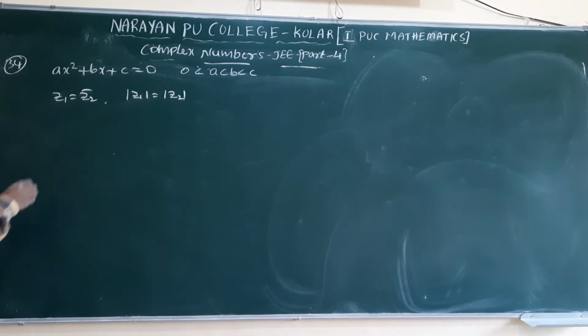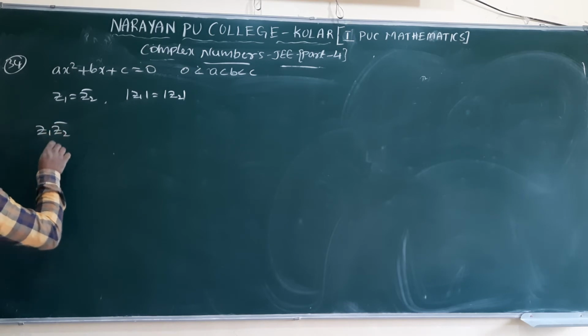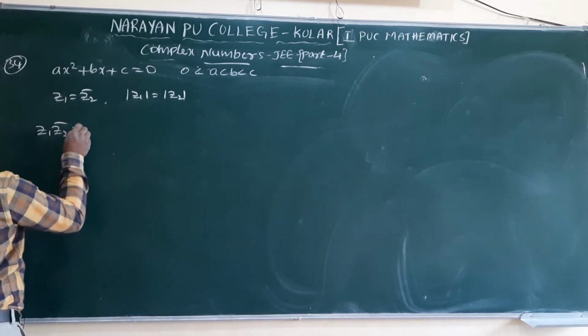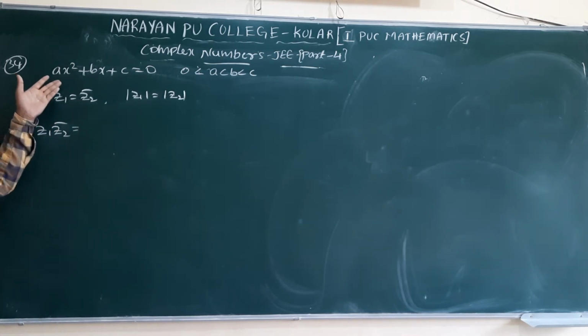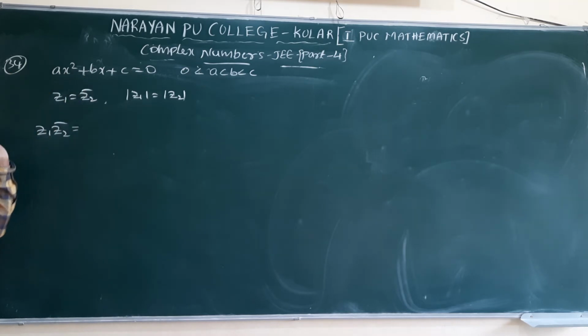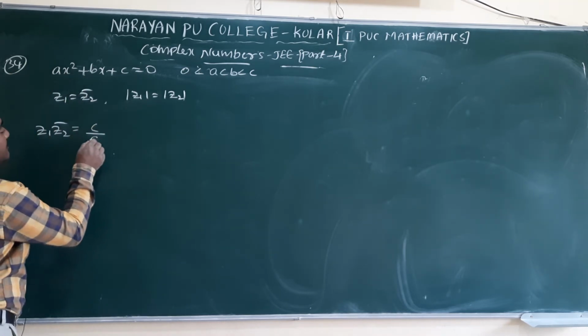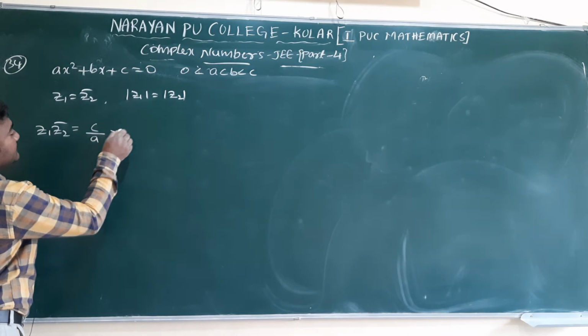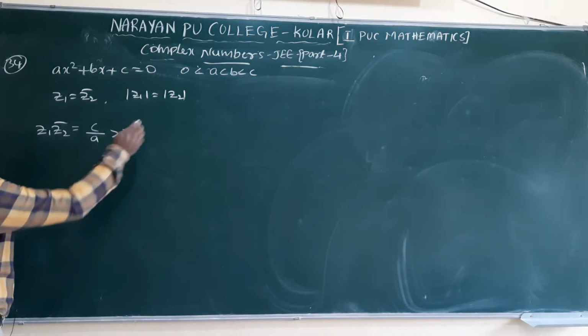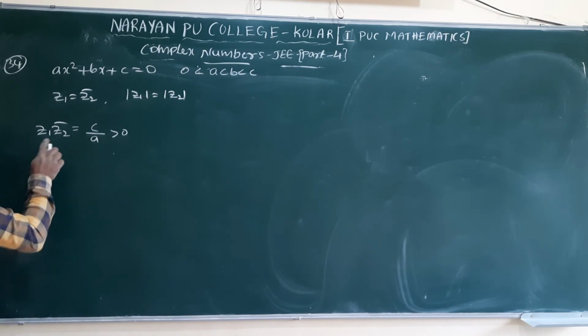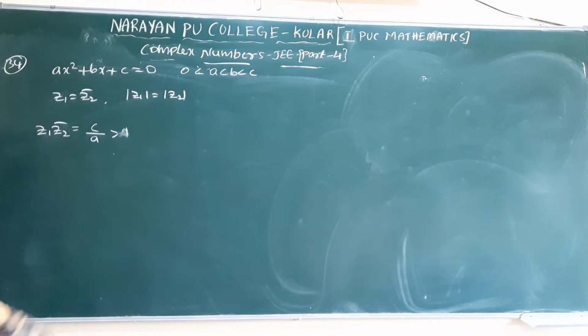We know the product of roots of a quadratic equation is c by a, and here c by a is greater than 1.